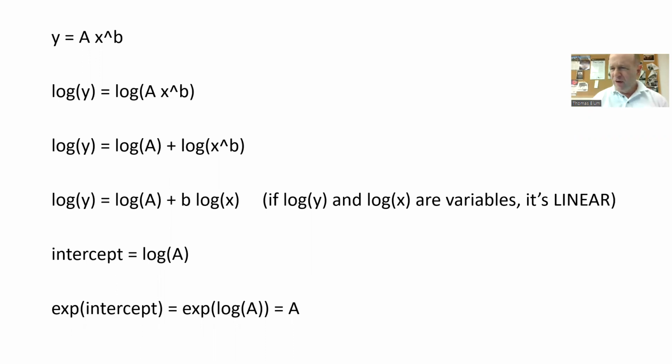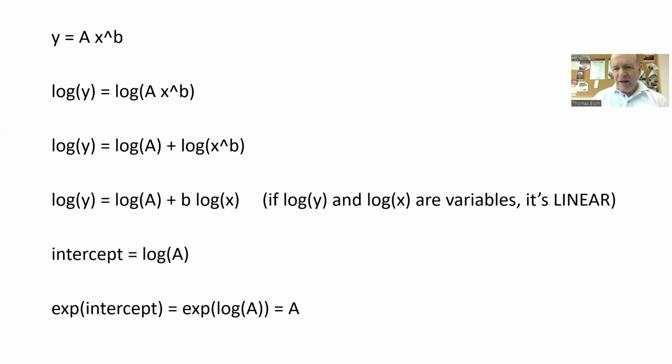If I have a product of two things inside a log, then it's equivalent to the sum of the logs. So log of a times x raised to the b is log of a plus log of x raised to the b. And then finally, when you have a power, log of x raised to the b, you end up multiplying the log by the power. So that's the same as b log of x.